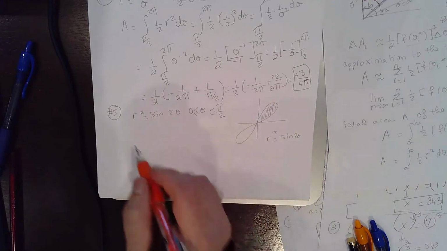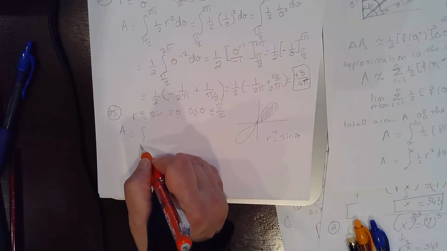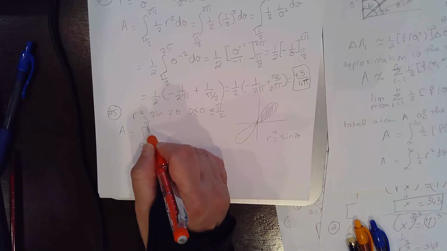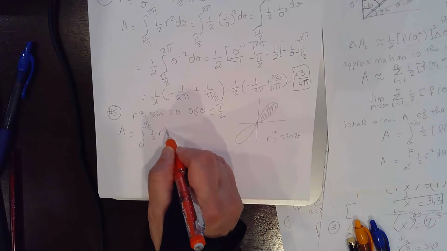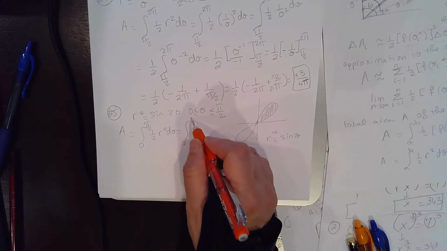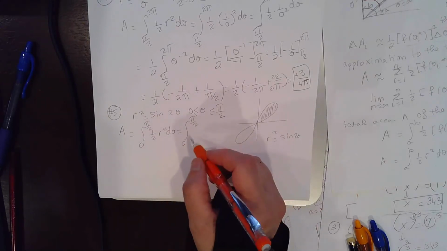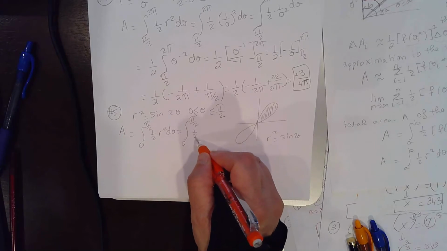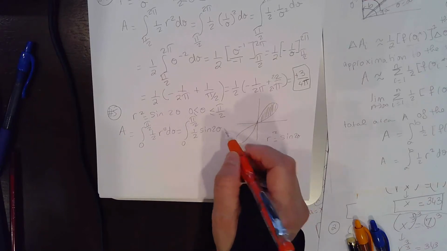So the area then becomes the integral from 0 to pi over 2 of 1/2 r squared d theta. Now this is already squared, so it's good. We can just write it as is. We have here 1/2 r squared, that's sine 2 theta d theta.